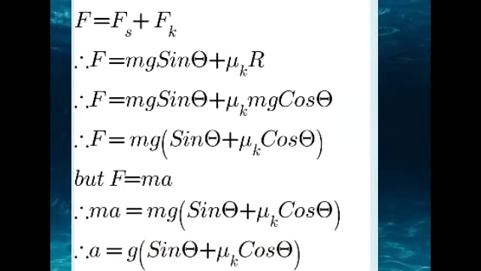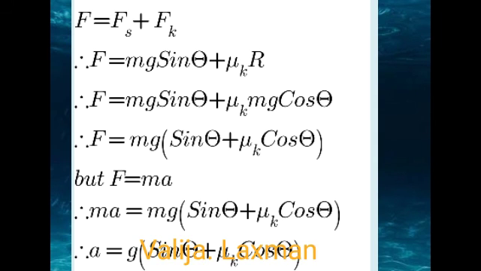According to Newton's second law, F is equal to ma. So ma is equal to mg times sin theta plus mu k cos theta. Here m will be cancelled. So we can write a equal to g times sin theta plus mu k cos theta.